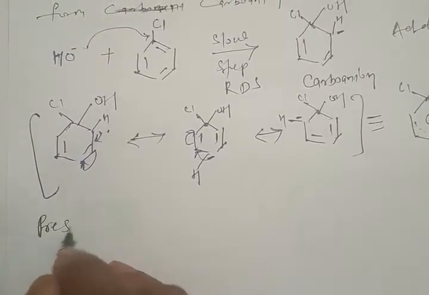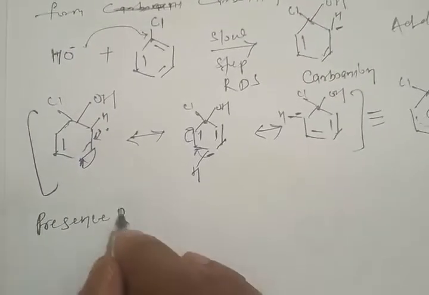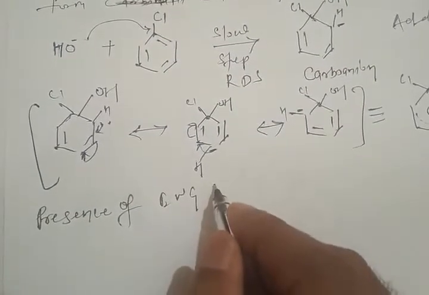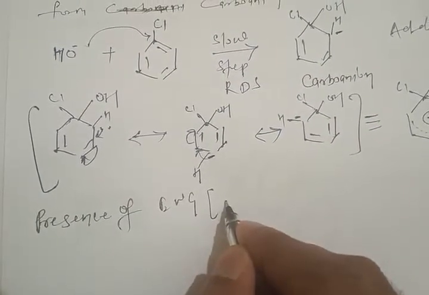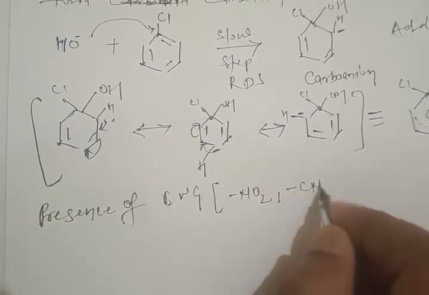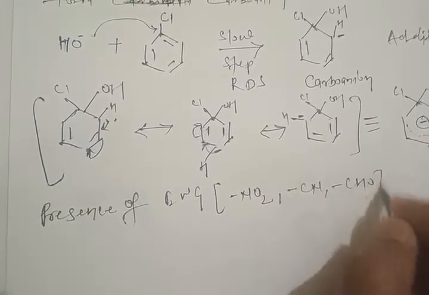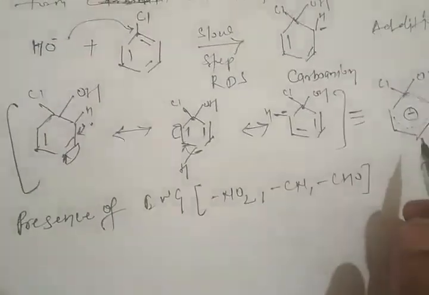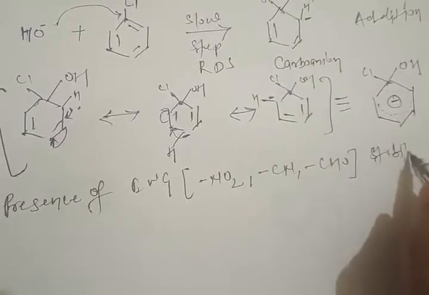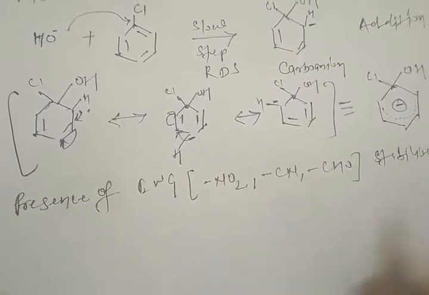The presence of EWG, electron withdrawing group, that means we are talking about NO2, CN, CHO. What they will do is stabilize the carbanion.